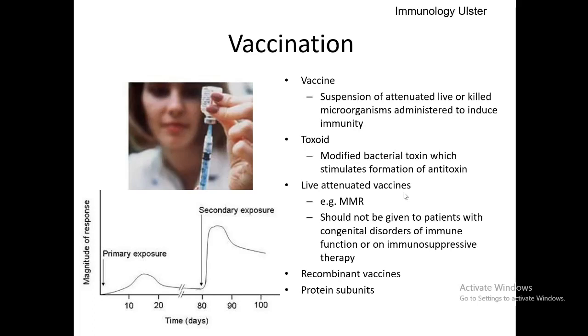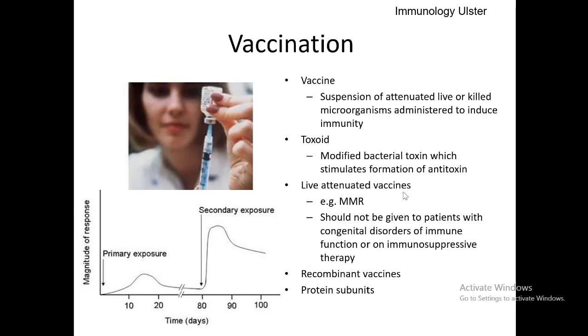It can also be a modified bacterial toxin to enable the immune system to develop neutralizing antibodies against it. Some examples of live attenuated vaccines would be the MMR.